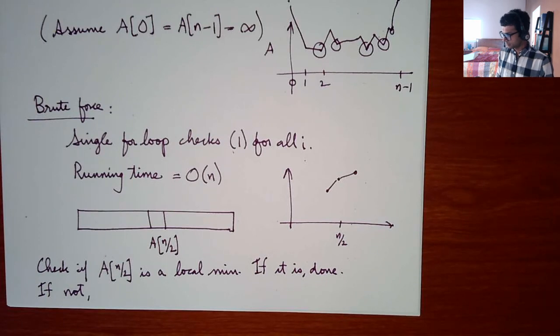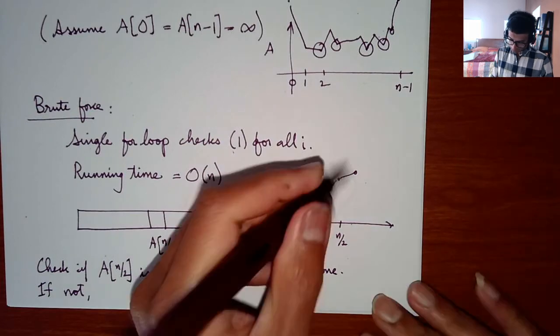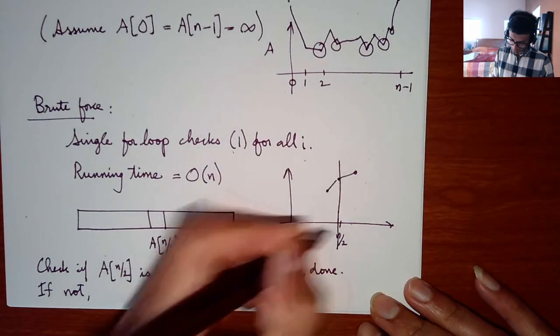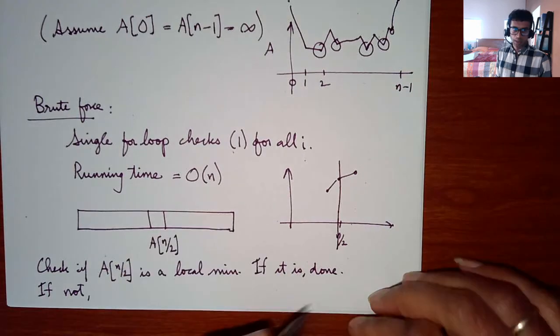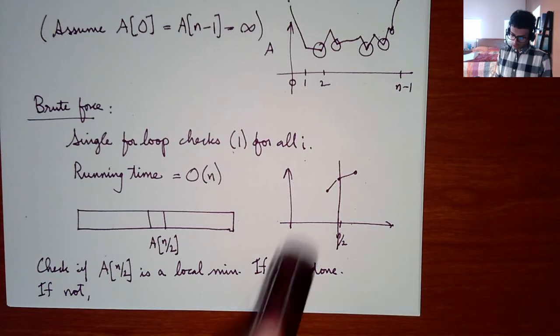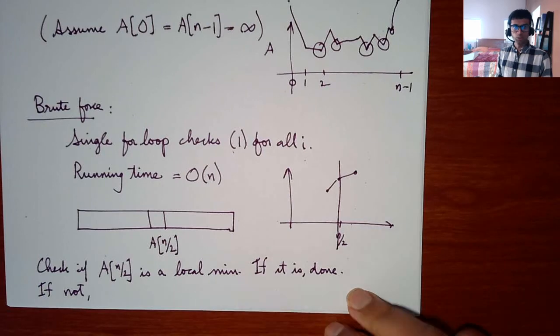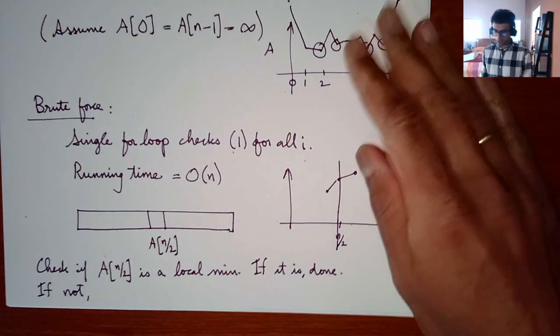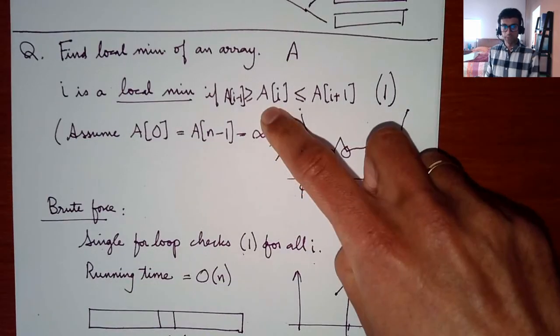Maybe divide the left in half and compare it with A of n over 2. Comparing it with A of n over 2 isn't going to buy you anything, because a local minimum doesn't have anything to do with comparing a value internally with a value at the end. The only condition you need to check is with neighbors.